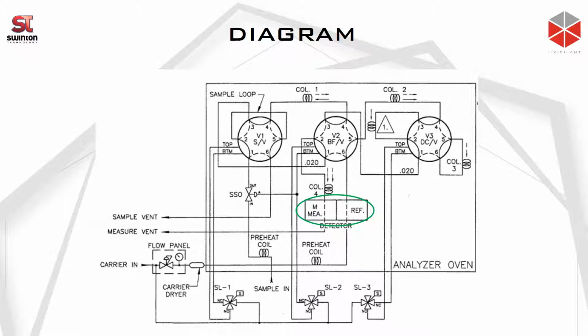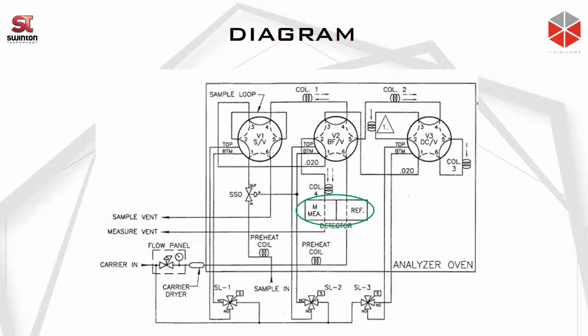The next one we have is the detectors themselves. We got two detectors inside the GC. We got the reference detector and we got the measurement detector. The reference detector will only have helium going through it, so it will never have any other gas, while the measurement detector will have both helium and the gas that is being measured. The way it works is it's actually a Wheatstone bridge.